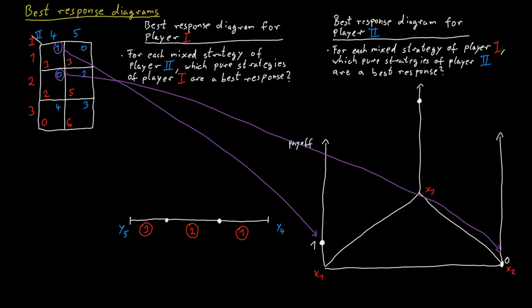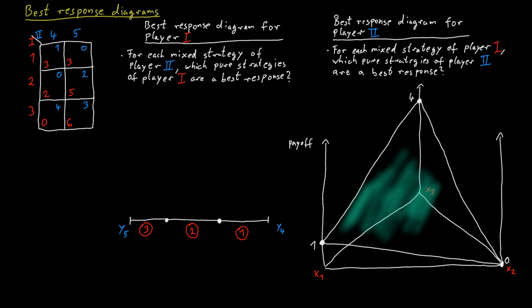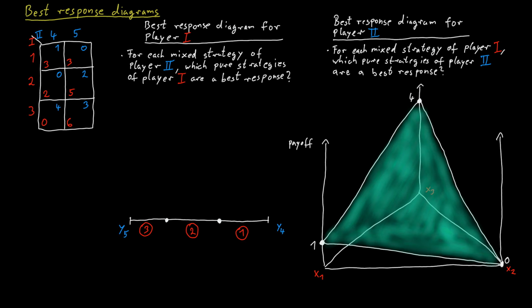And if the first player plays strategy 3, then the payoff is 4. So we have these 3 corner points, and then all the other expected payoffs are just linear interpolations of those 3 points. So we get a nice plane that expresses our expected payoff for each mixed strategy of player 1.